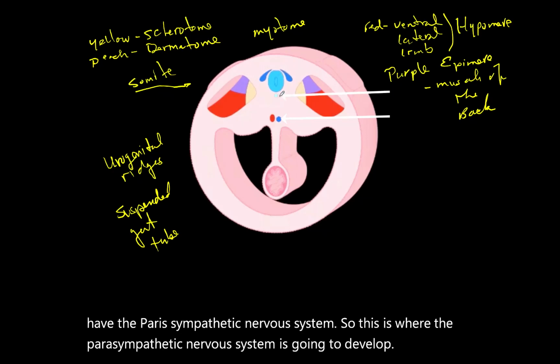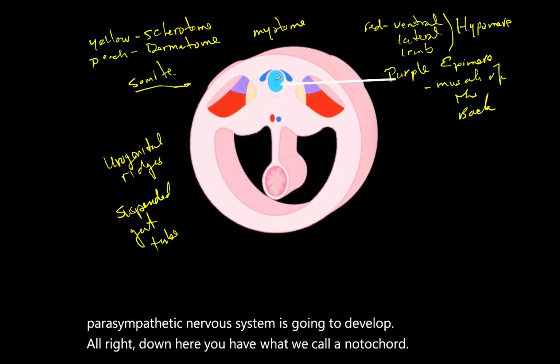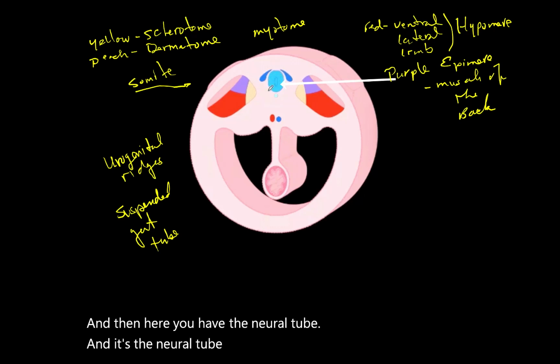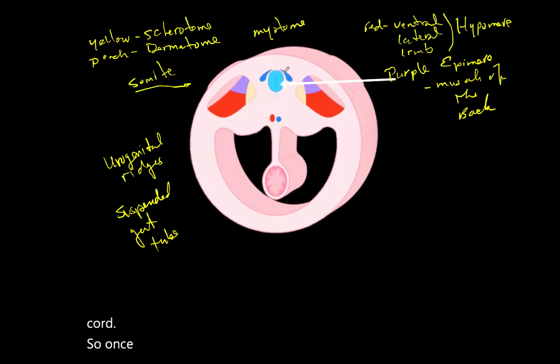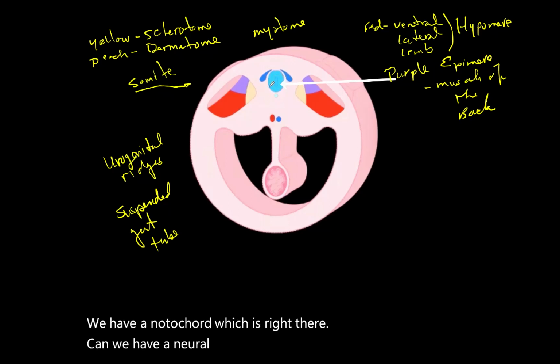Down here, you have what we call a notochord. And then here you have the neural tube. And it's the neural tube that becomes the brain and the spinal cord. So once again, we have neural crest cells, which are right here. We have a notochord, which is right there, and we have a neural tube, which becomes the brain and the spinal cord.